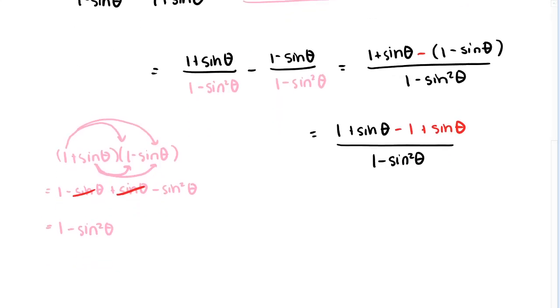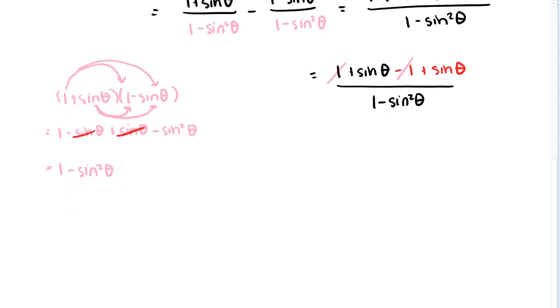So we get this cancellation here, 1 and minus 1, but then we have sine of theta plus sine of theta. This is 2 sine of theta in the numerator over 1 minus sine squared of theta.